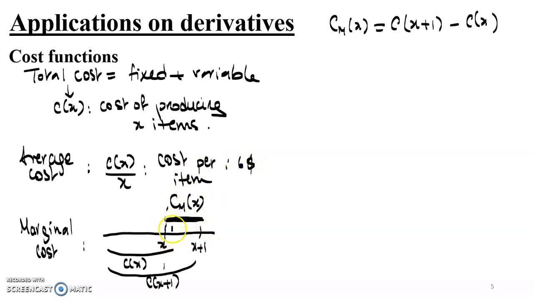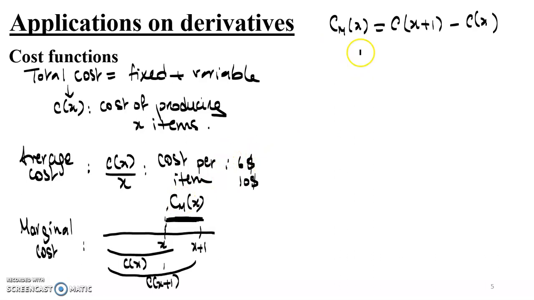So if my selling price of that single item is $10, then I would on average have a profit of $4 by selling each item for $10. However, by determining the marginal cost, I need to check if producing a single extra item would still in fact give me some profit.